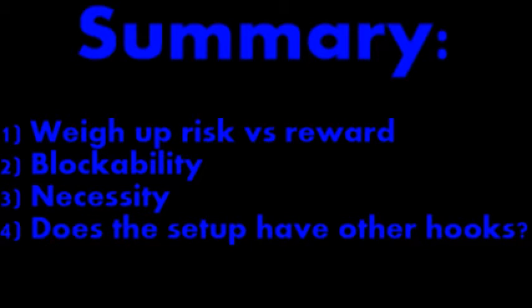And the fourth point, the final point, which is something that is really important: does your setup have other hooks? This is something you really need to consider, because you don't want your opponent to take that setup.